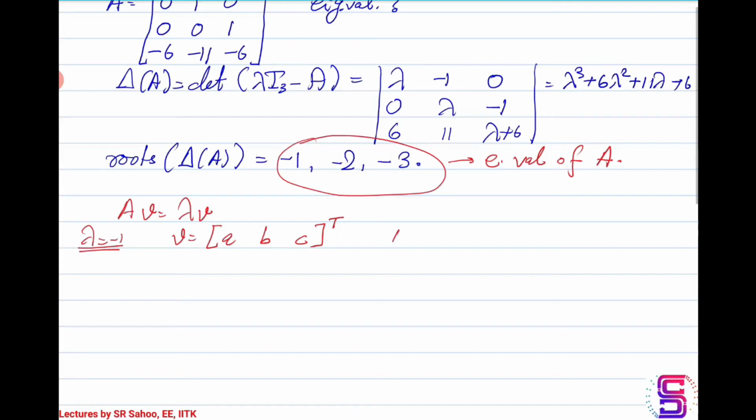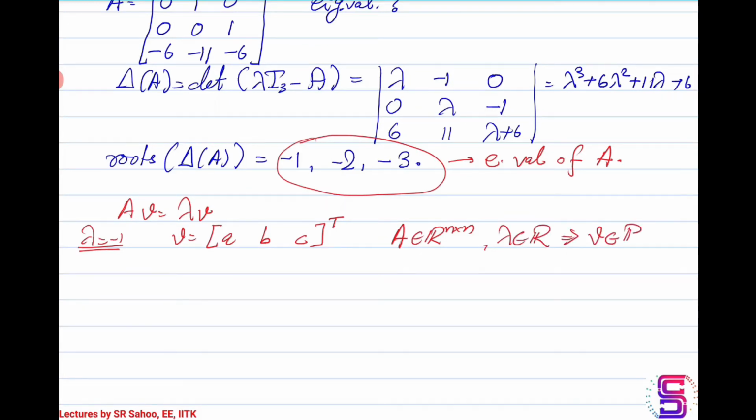A is real, lambda is real. This implies v is going to be real, and for us n is equal to 3. So I'm assuming that this is the structure.